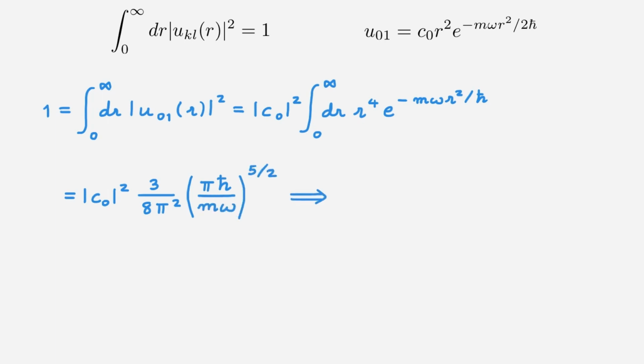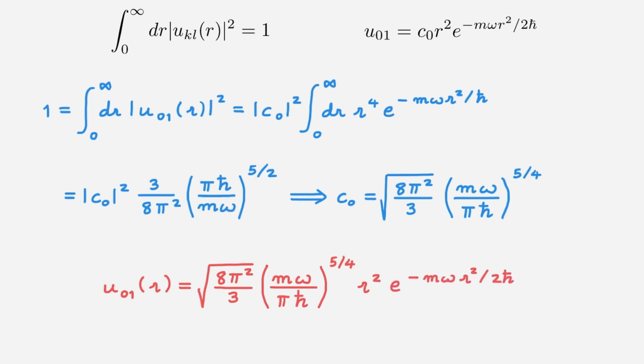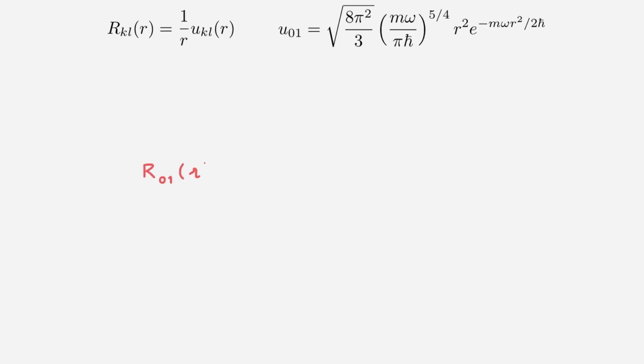Now, rearranging, we get that C0 is equal to this expression, where I have again made a phase choice such that we end up with a real positive constant. With this result, we can rewrite u01 as equal to this prefactor times r squared times the Gaussian. Going to the original radial function, we end up with this prefactor times r times this Gaussian.